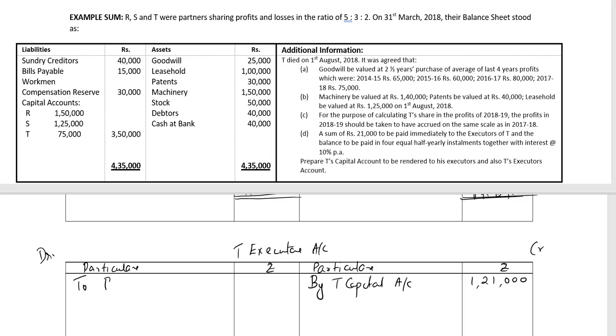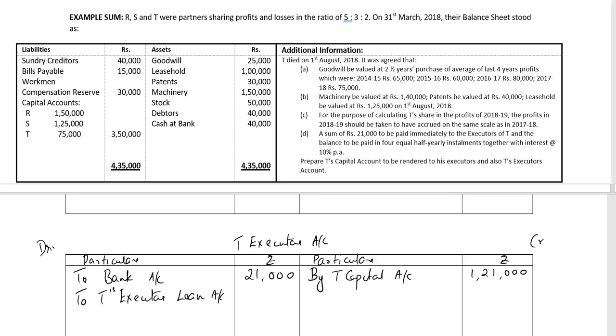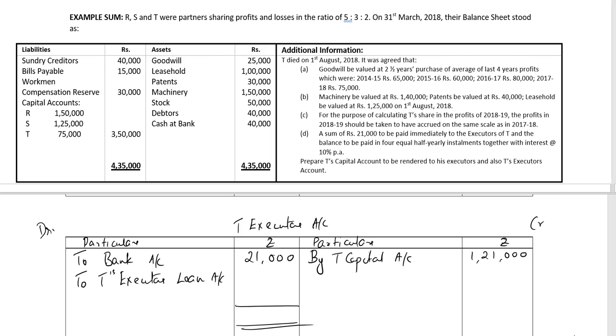We are paying the executor rupees 21,000 immediately. So to bank account 21,000 rupees, and the balance will be transferred to T's executor's loan account. So the amount transferred to the executor's loan account is rupees 1 lakh. The question does not ask us to prepare the loan account, so we'll skip that.